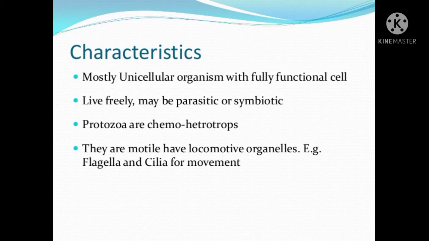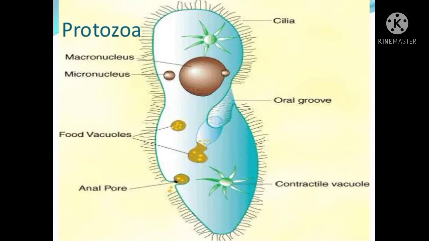So that is the symbiotic relationship. Protozoa are chemoheterotrophs, and they are motile, having locomotive organelles, meaning they move with their flagella or cilia.